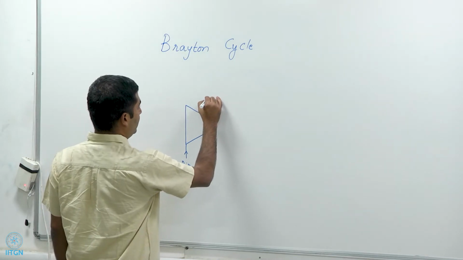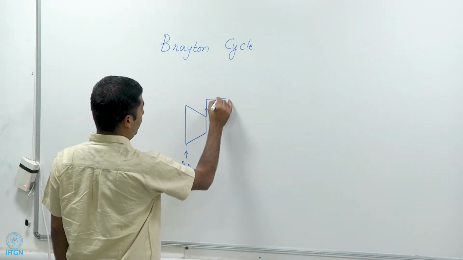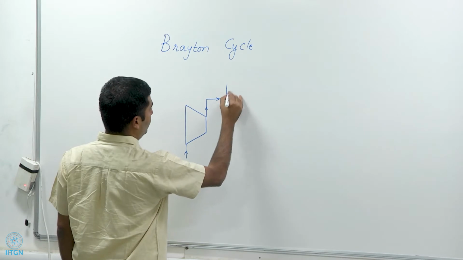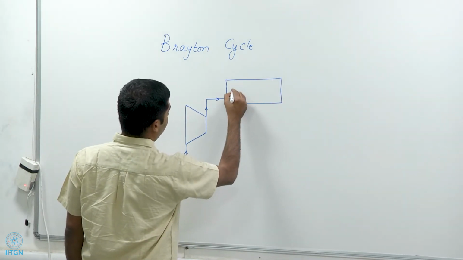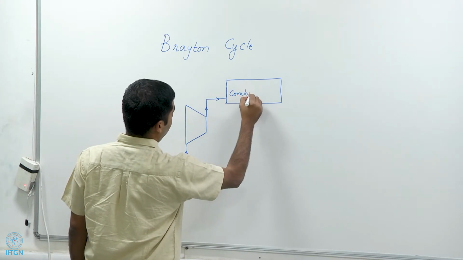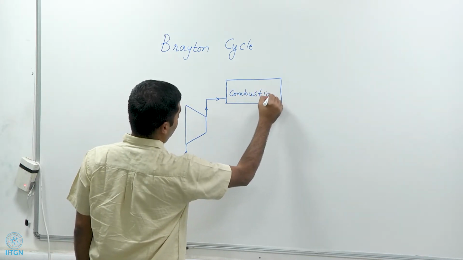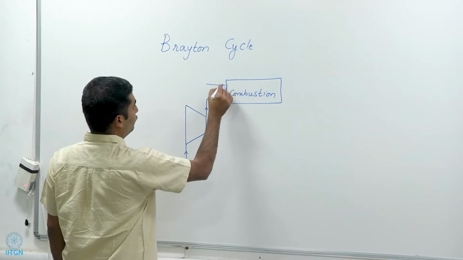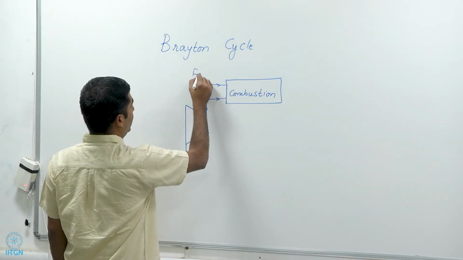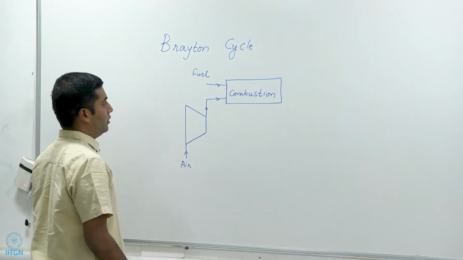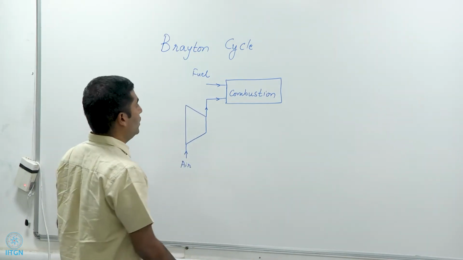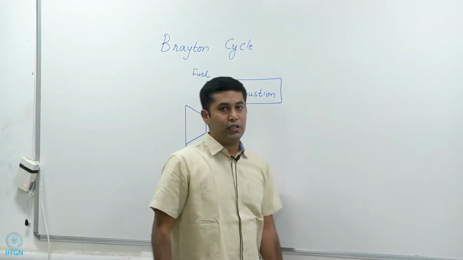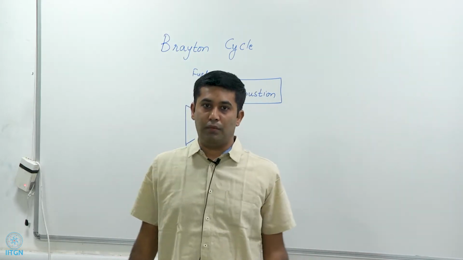And next, this compressed air is routed to a combustion chamber, where it mixes with fuel that is added separately, and there is a combustion process that releases a lot of energy, and so the temperature of this mixture of gases that come out of the combustion chamber is very high.